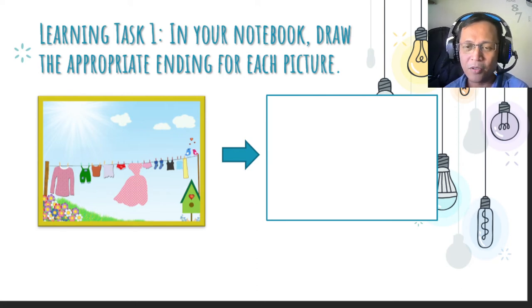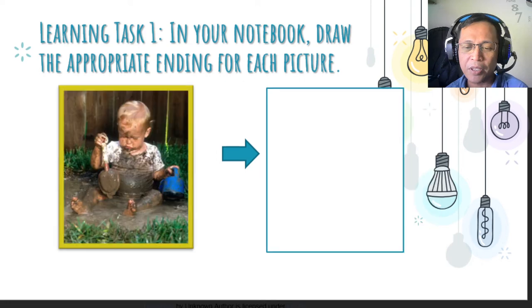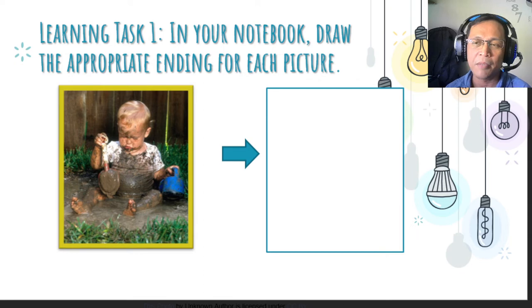Okay, so much for that. We will move on with our next picture. It's a picture of a young boy, a kid, playing in the mud. It's a picture of a baby or a young boy playing in the mud.